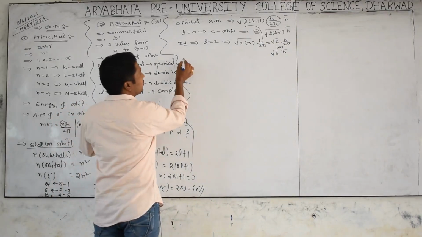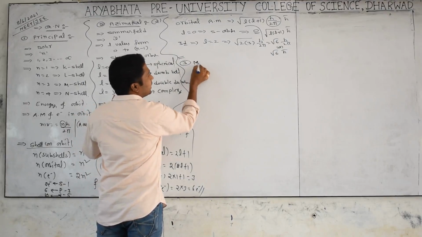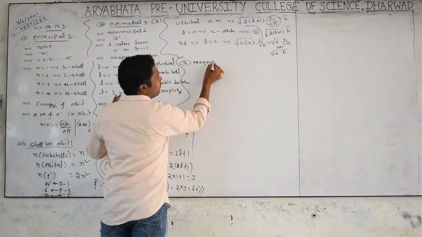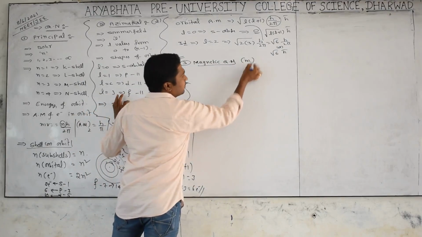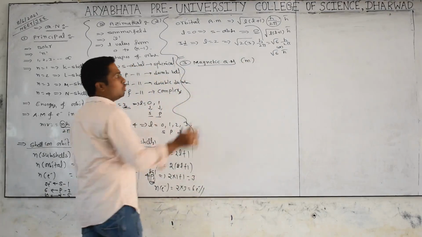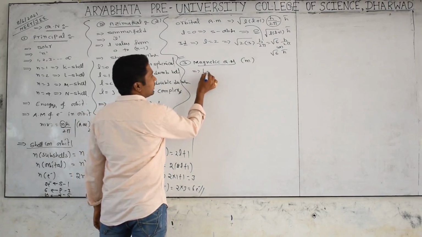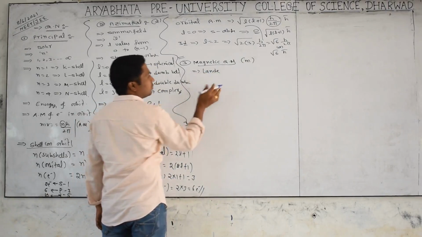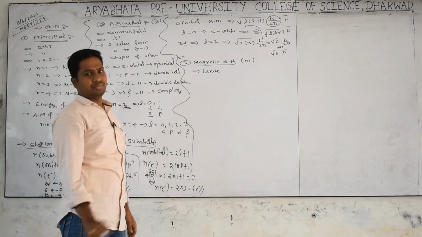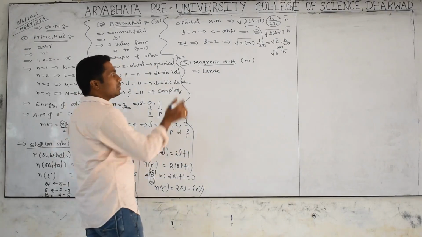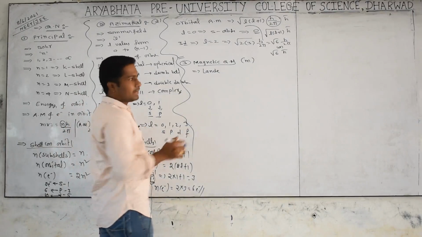Yes. Next we are going to another quantum number, the third one, the magnetic quantum number. The magnetic quantum number is denoted by m. Who invented this is a very important thing, and the majority of students make mistakes in this question only. Observe carefully: the magnetic quantum number was invented by Landé.